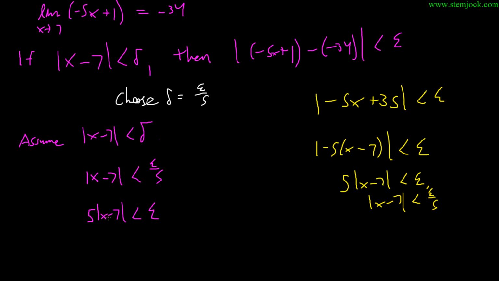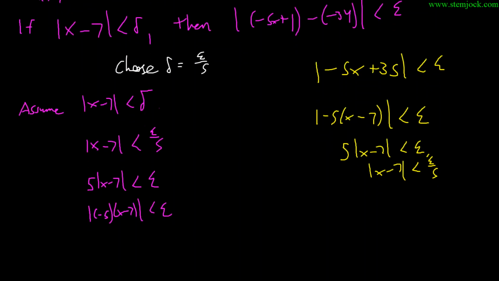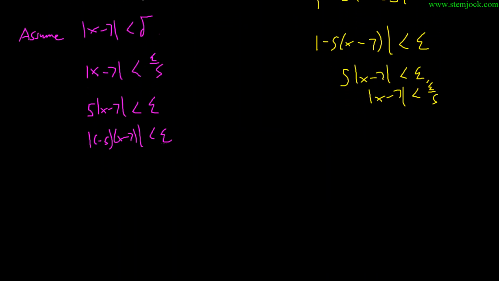I'm going to distribute the 5 and include a minus sign as well without changing anything, because there's an absolute value here. So x minus 7, and now I'm going to distribute this. So this is the absolute value of negative 5x plus 35 less than epsilon.